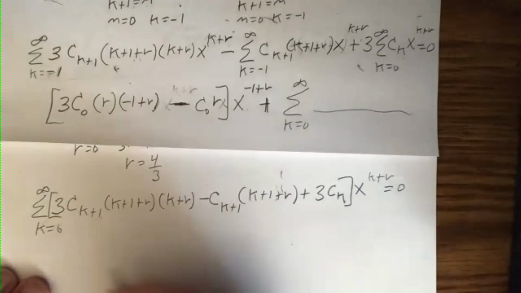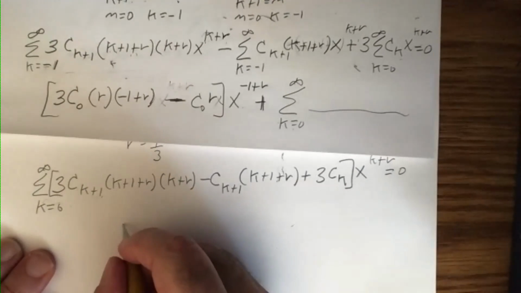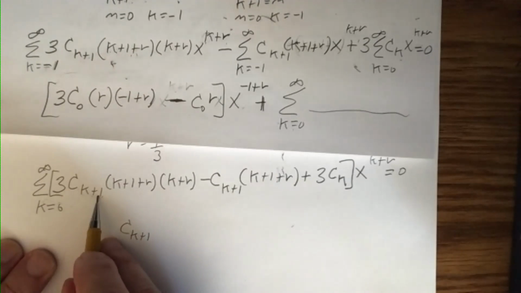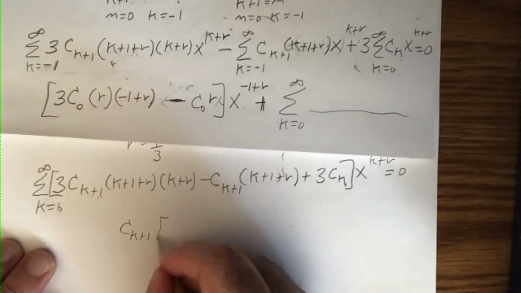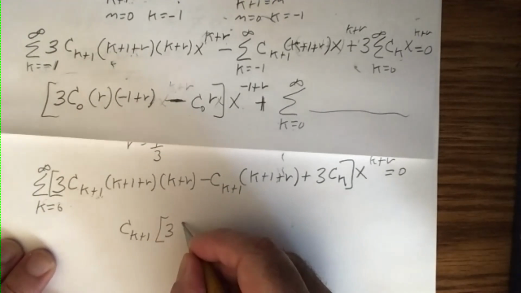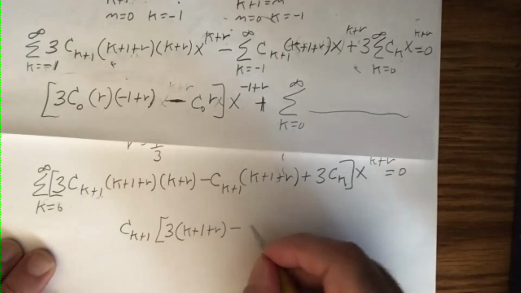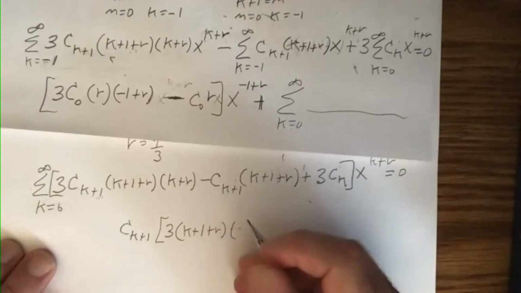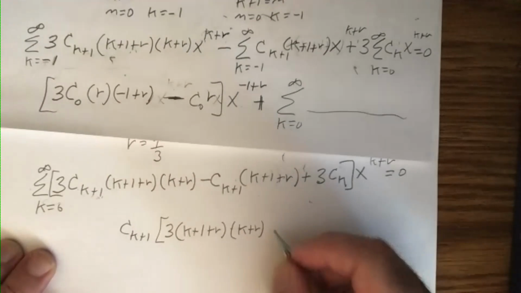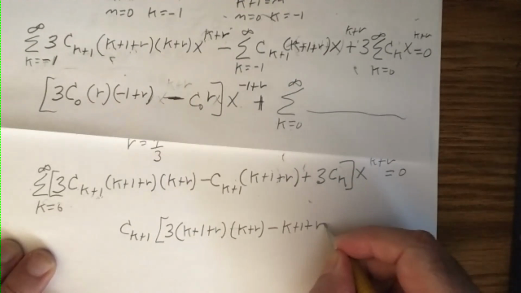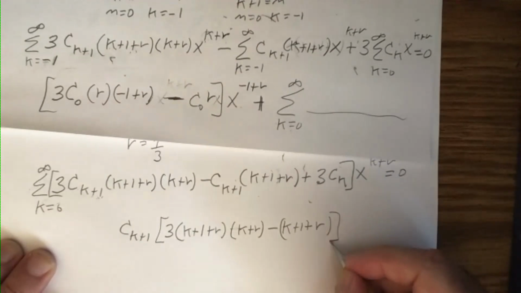Okay, I'll factor out the C subscript k plus 1. This is the easiest way to do this, and it gives me a 3. Then I bring the rest over to this side.